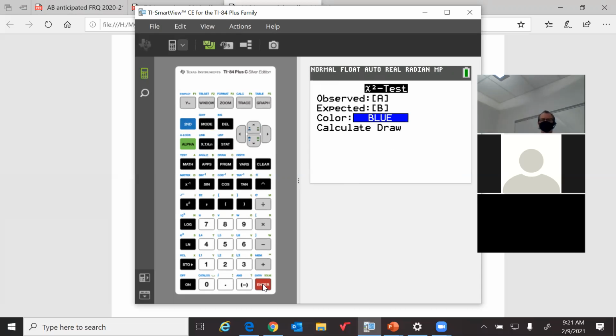On the observed, I put second matrix 1, and that puts A there. Yes? But then it calls for expected. You just type second matrix 2, but that's empty. It doesn't matter. The calculator is going to fill it out for you. So you put the empty matrix there. You scroll down to calculate.